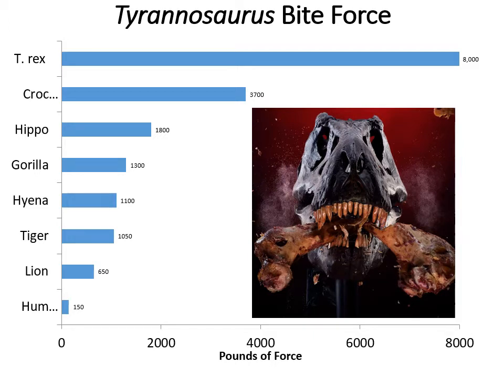And this is supported by the fact that we have found T-Rex coprolite, yes, fossilized T-Rex poop, that has partially digested chunks of bone in it, which means they were biting, crushing, and swallowing, and then ultimately passing fragments of bones. So these are indiscriminate, what we call osteophagous feeders, osteophagous meaning bone eating. T-Rex had blunt teeth when it became an adult that helped in absolutely destroying and pulverizing whatever it sunk its teeth into.